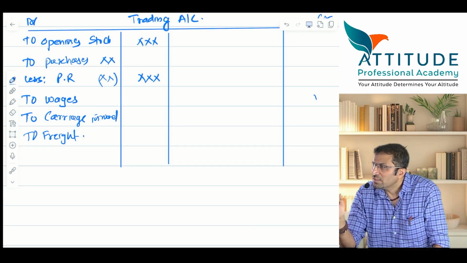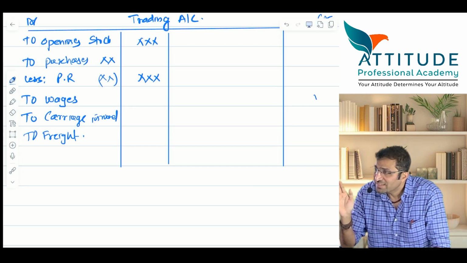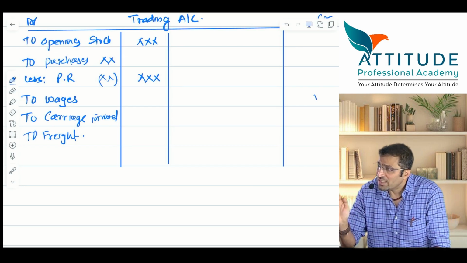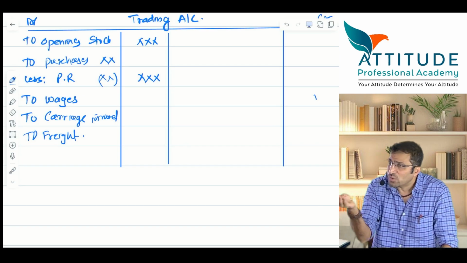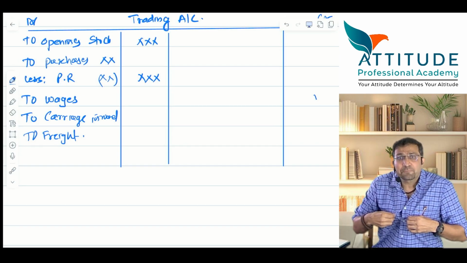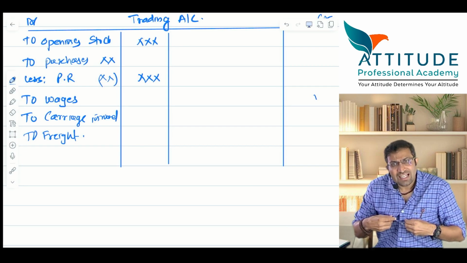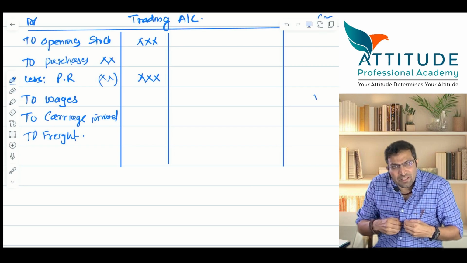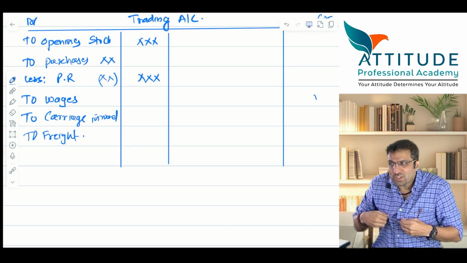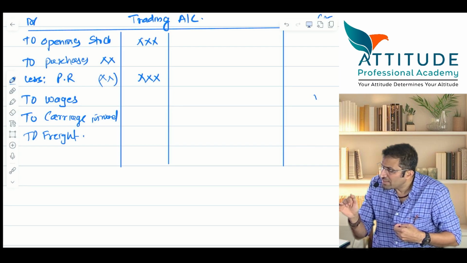Understood? Now, I am a trader, I am not a manufacturer. If I was a manufacturer, I will pay wages to the workers who are converting the raw materials into finished goods. If I am a manufacturer of shirts, will I purchase shirts or will I purchase cloth as raw material? And buttons and threads as raw material. With the help of this cloth, thread and buttons, I will convert that into a shirt. And who's going to do that?